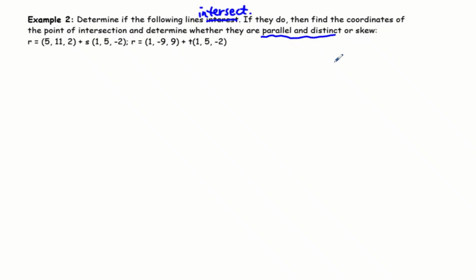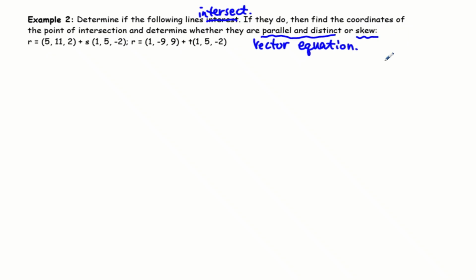If they don't intersect, then find out if they are skew or parallel, if no point of intersection. So this is in another form of the equations, called the vector equation, instead of the symmetric.